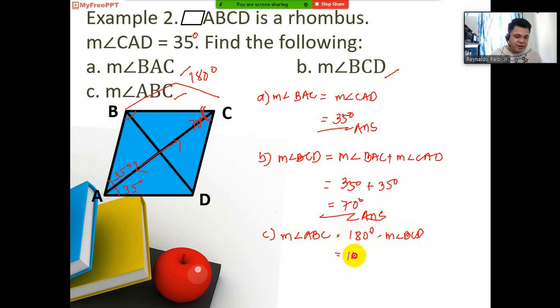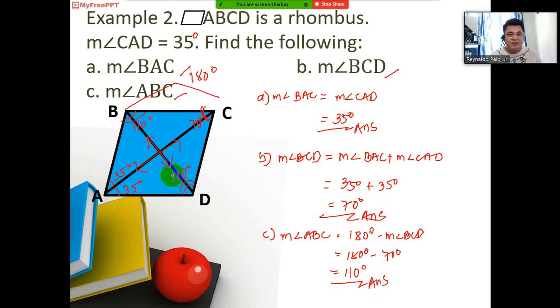So 180 degrees minus 70 degrees. The answer here is 110 degrees. That's the measurement of angle ABC. So just write it, 110 degrees. We can also apply the property opposite angles are congruent. So we can say that this also measures 110 degrees.